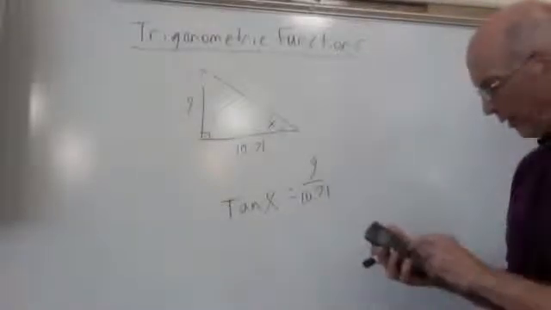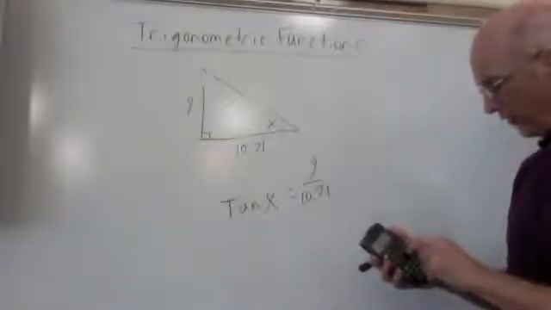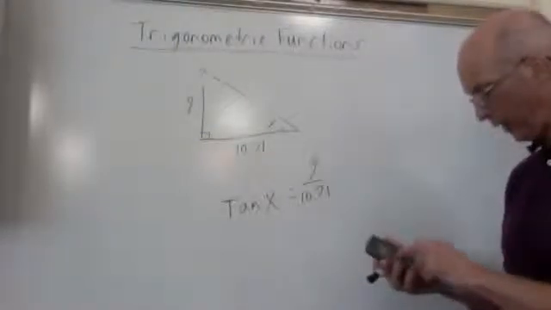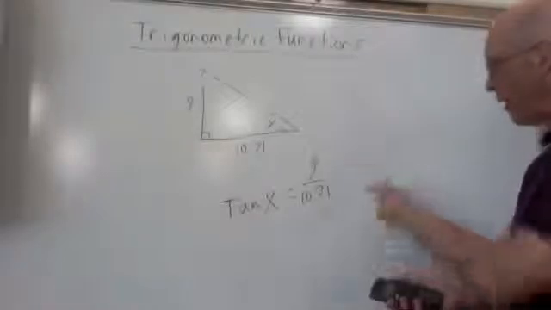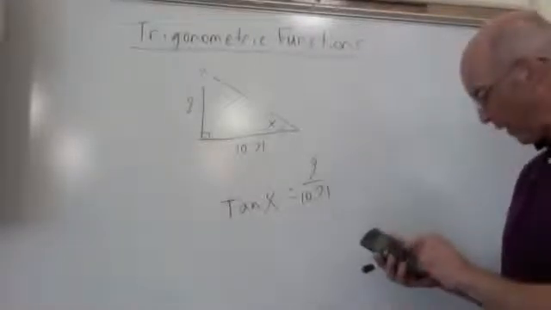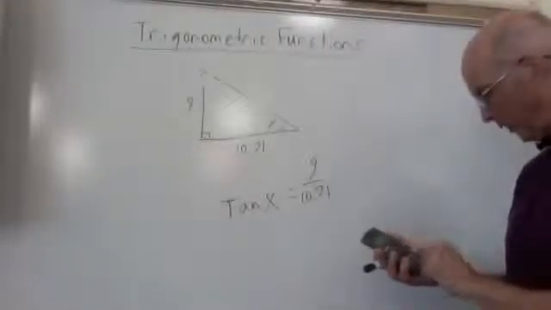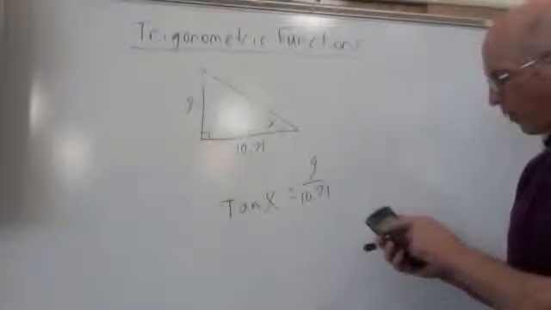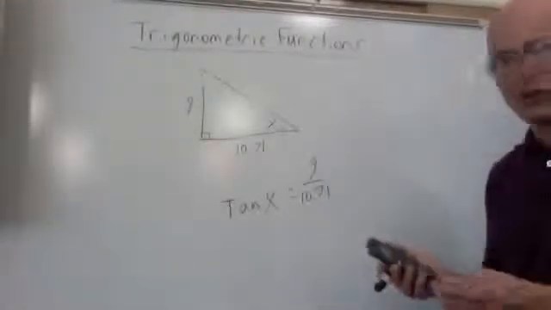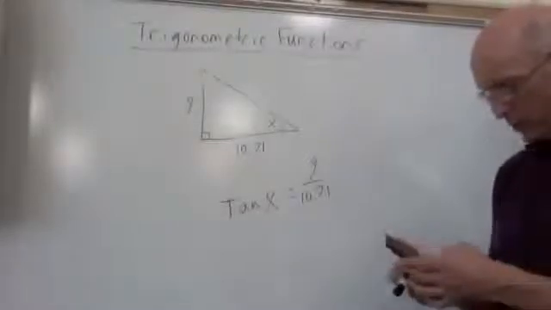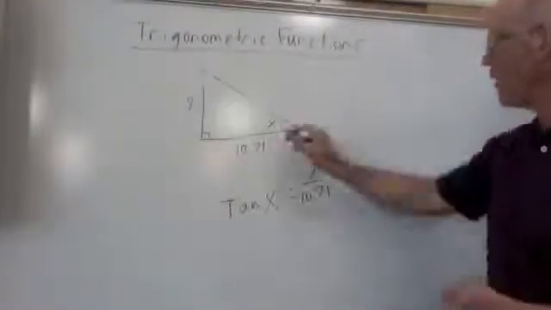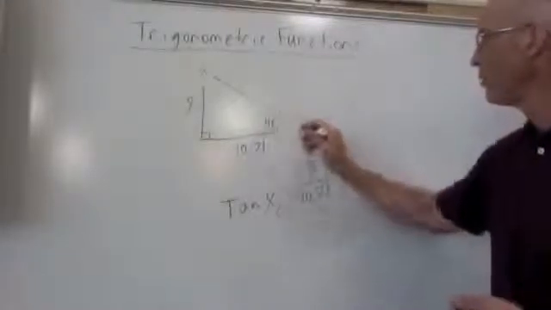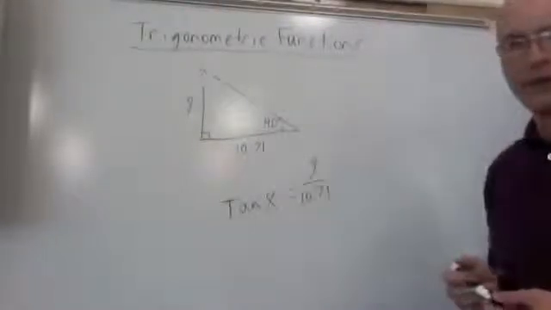Second, right above the tan, there's a little yellow tan -1. Sorry, I got to turn this on. Second, tan -1. And then I do 9 divided by 10.71 equals, and it gives me 40.04. But basically, if I wanted to round it, 40 degrees. And we already knew that from before, but it tells us that this would be 40 degrees.